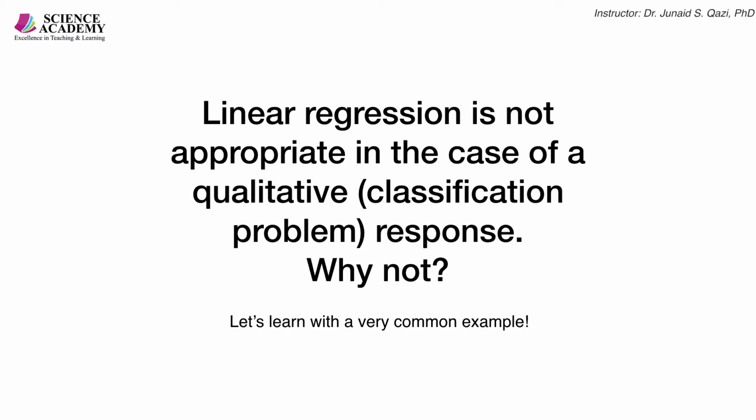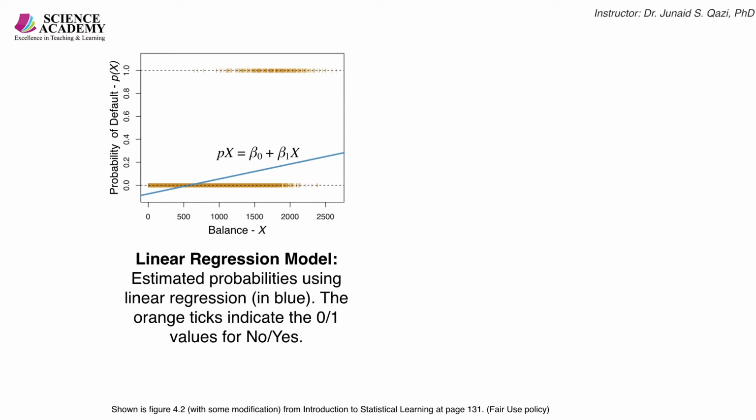Why not? Let's learn with some common examples. Let's consider a simple example. We have balance along the x-axis and the probability of default along the y-axis. The orange ticks indicate the 0 and 1 values for no and yes, whereas the blue line is the estimated probabilities fit to the data using linear regression.